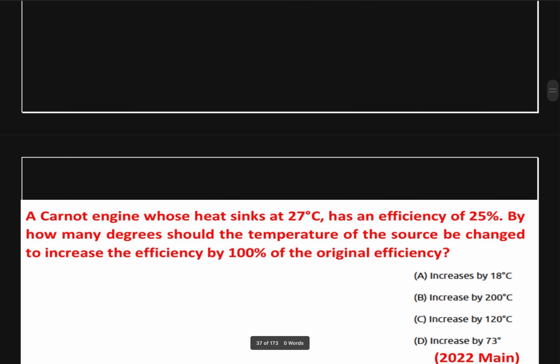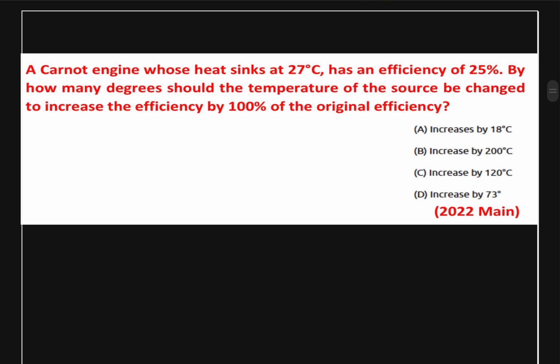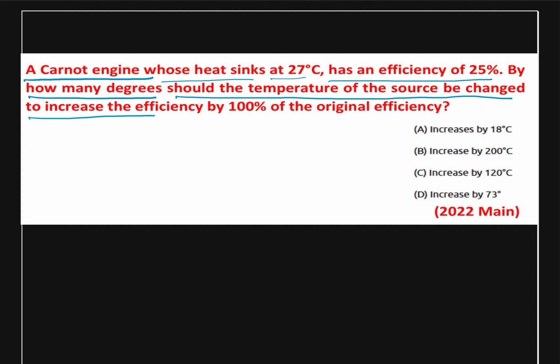Next question. A Carnot engine whose heat sink is at 27 degrees centigrade has an efficiency of 25%. By how many degrees should the temperature of the source be changed to increase the efficiency by 100% of the original efficiency? So we can just draw the approximate figure of our Carnot engine.